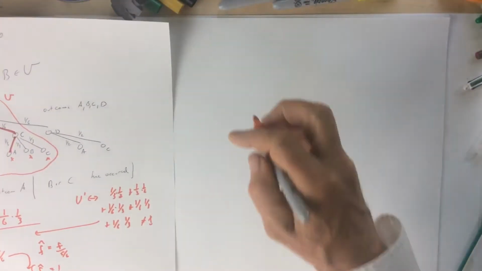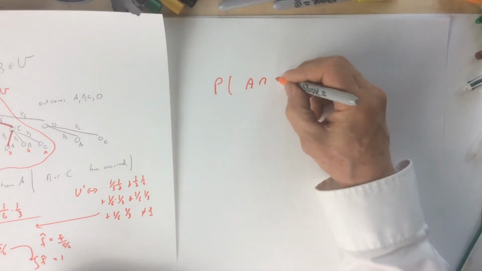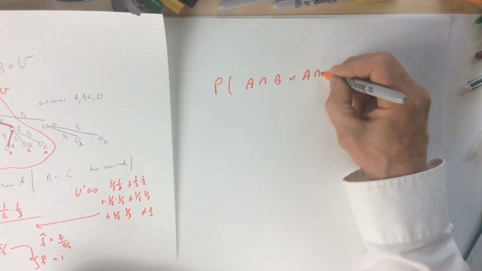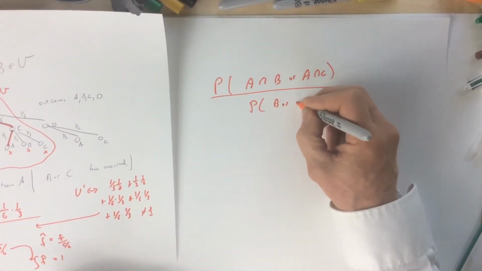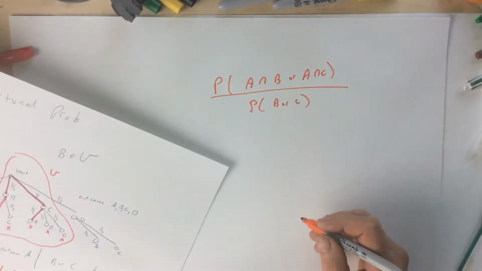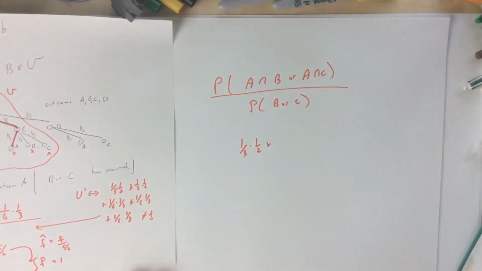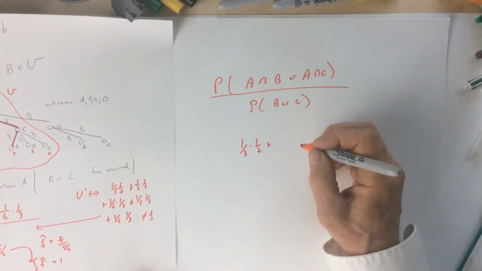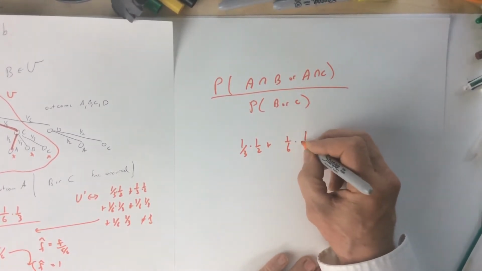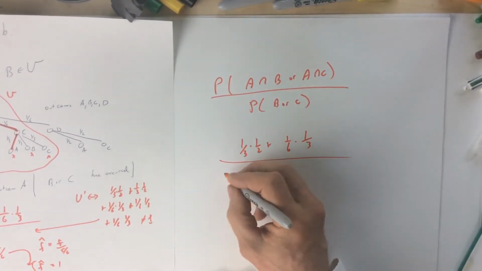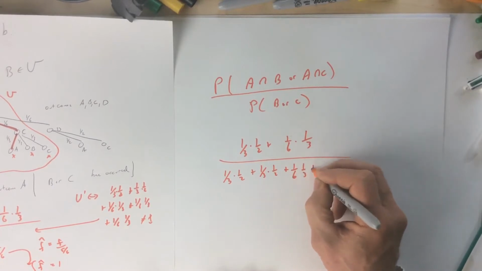The calculation I just did was the probability of A intersect B or A intersect C given the probability of B or C. And the probability of A intersect B means we've got 1/3 and 1/2 plus the probability A followed by the C followed by the A was a 1/6, 1/3, and the probability of B or C was that sum in the bottom that I referred to.